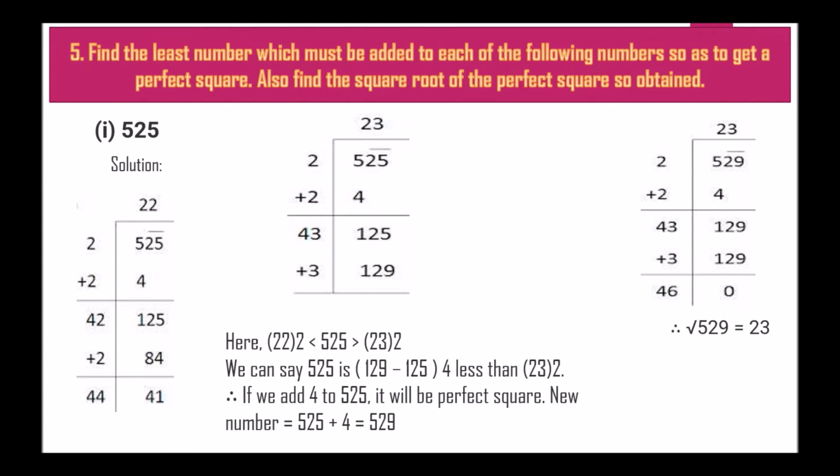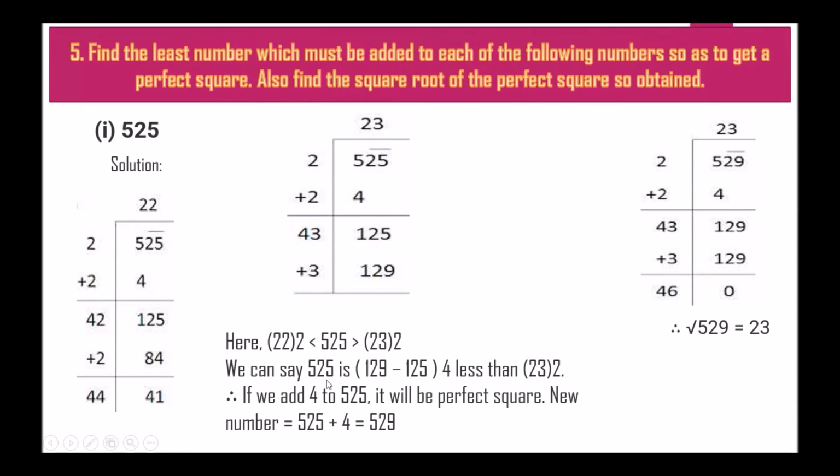Next question, find the least number which must be added to each of the following numbers so as to get a perfect square. Also find the square root of the perfect square so obtained. So 525. If we do it with the division method, we can find that here 22 square is less than 525, more than 23 square.